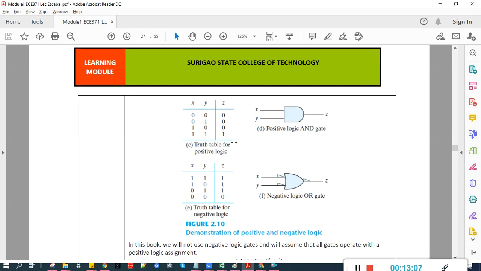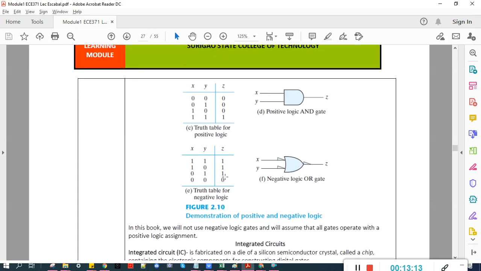And if we try to find the equivalent of this with the negative logic, what happens?